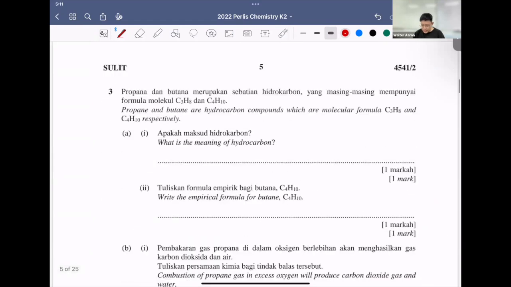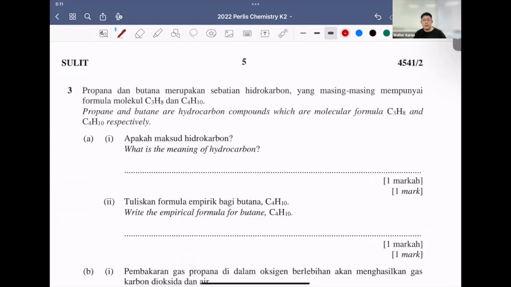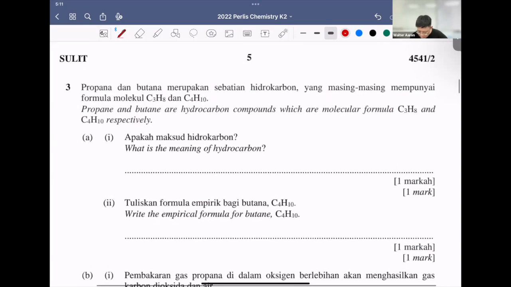Okay, so number 3. Propane and butane are hydrocarbon compounds which have molecular formulas of C3H8 and C4H10 respectively. What is the meaning of hydrocarbon? Hydrocarbons are compounds which contain only carbon and hydrogen, so you must write it down.